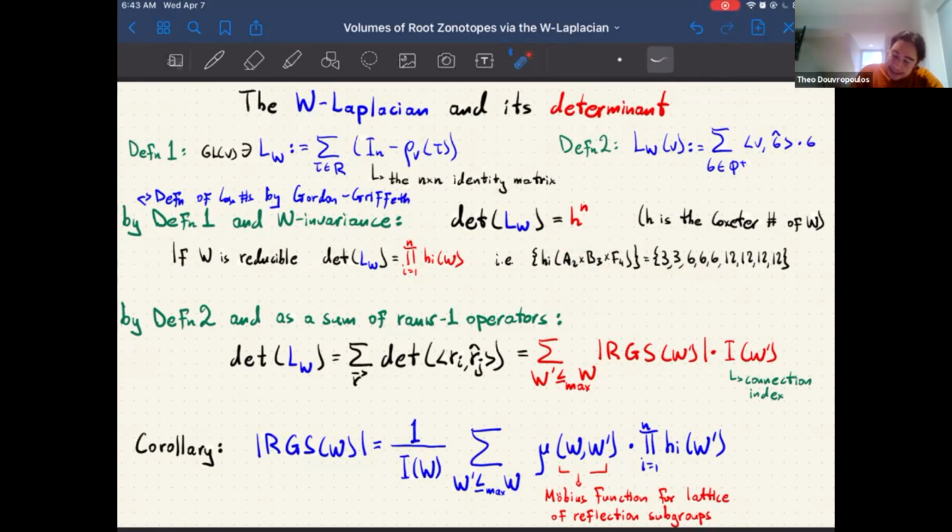Now, if you look at the second definition that we had here, this is a matrix operator. This is a sum of rank 1 matrices. If you try to find its determinant, you think about how it acts on the trace of an exterior power of the space. It's not very difficult to use the trace interpretation and add all of the possibilities together when you have a tensor product again and again.